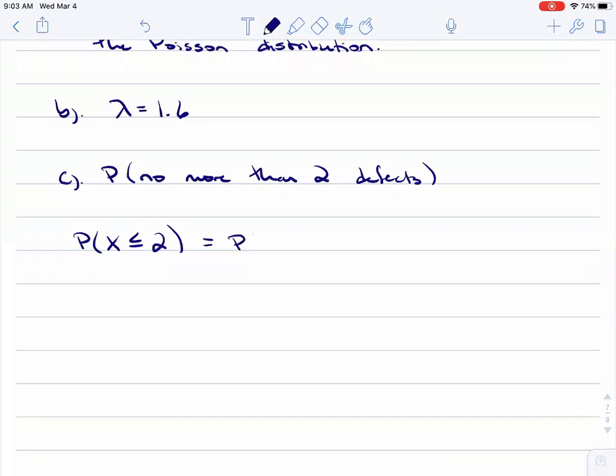Probably the biggest thing that people forget about is the 0 option, whether in the binomial, 0 successes, or in the Poisson, 0 counts. So the probability that X equals 0 plus the probability that X equals 1 plus the probability that X equals 2. Just like with the binomial, we have to do these individually.